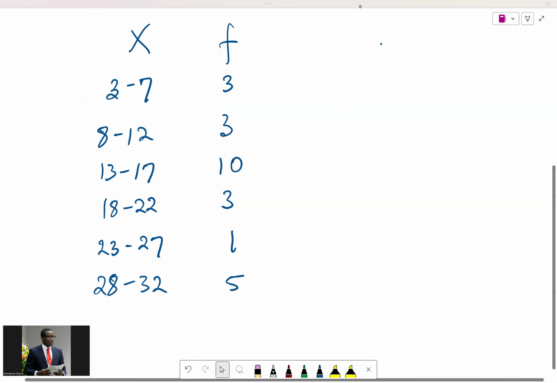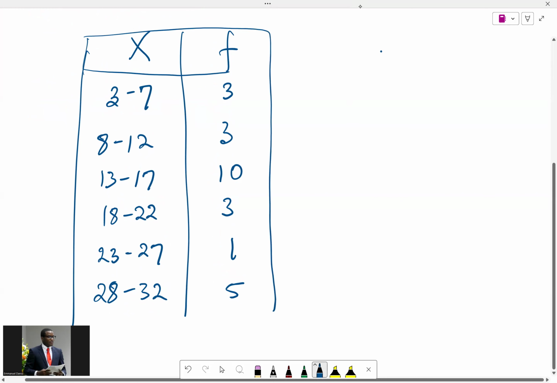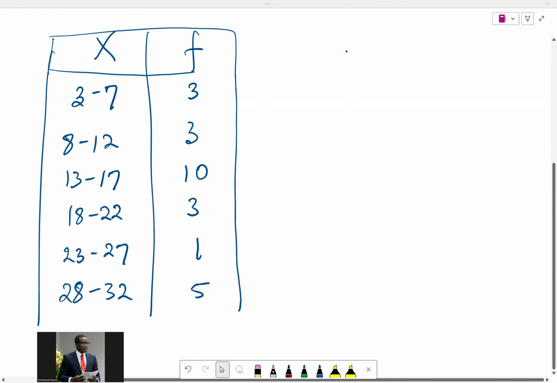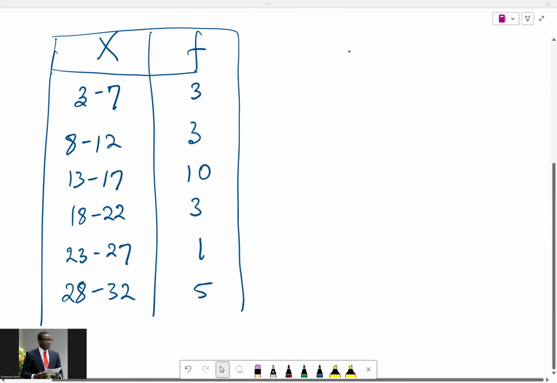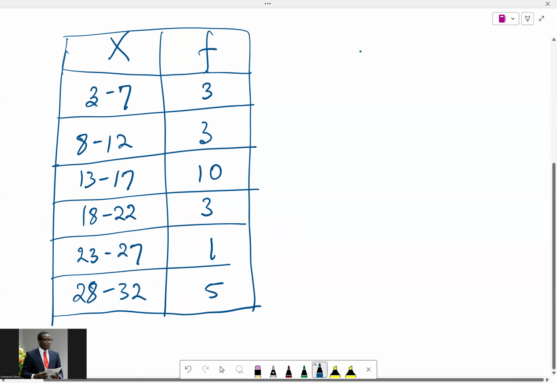So we can move on with all this now. This is what the data is saying.